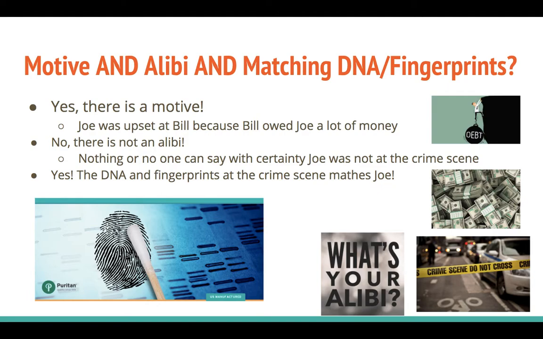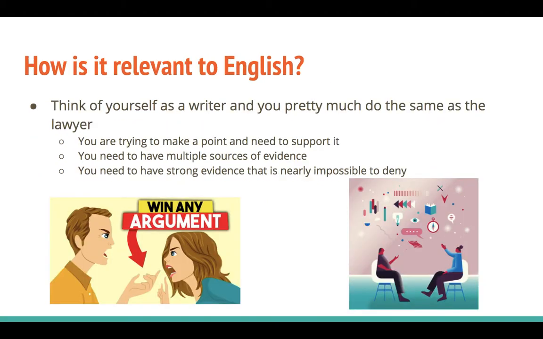So our DNA and fingerprint evidence at the crime scene where Bill was murdered match Joe. So that's another piece of evidence that we have in our favor. Okay. Now, if we put all these together, we can prove that Joe is guilty. Obviously, a trial is a lot more complicated, but with this, I think there is enough evidence to prove our argument.